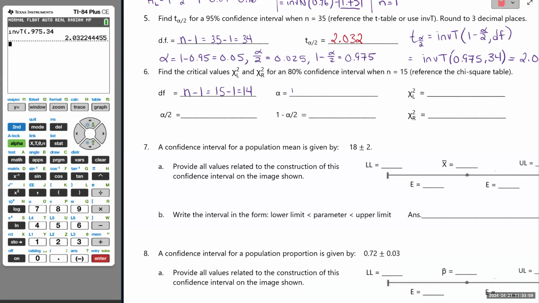And alpha, 1 minus our confidence level. And then I need alpha divided by 2. So we take our alpha divided by 2, 0.10. And then the complement of that, 1 minus what you get for alpha over 2, and that will be 0.90.